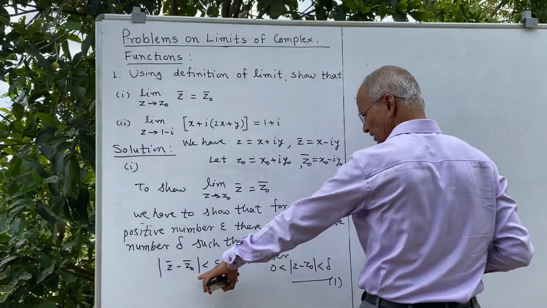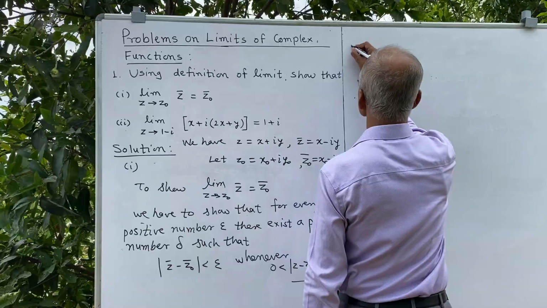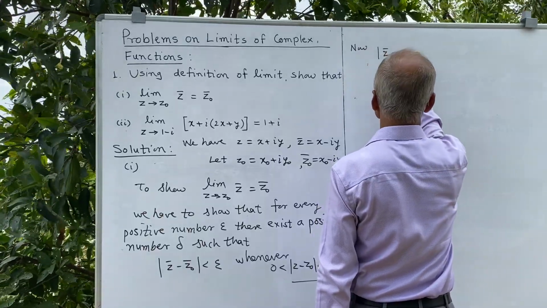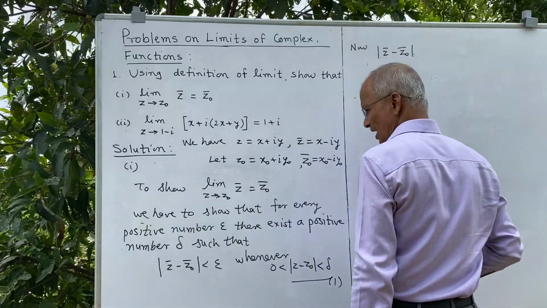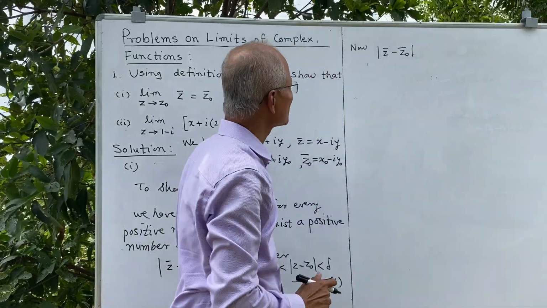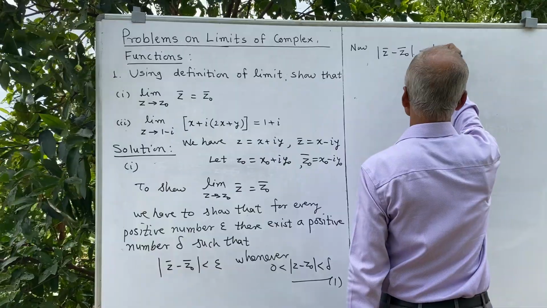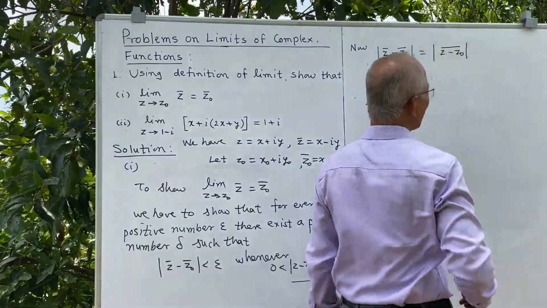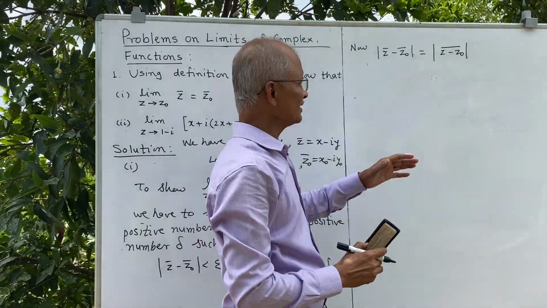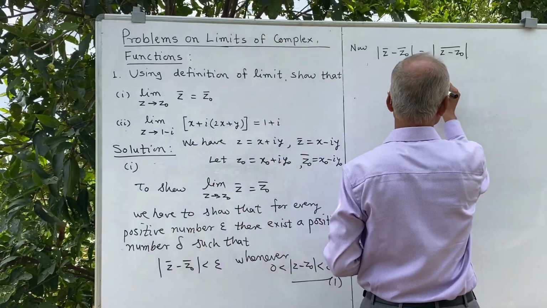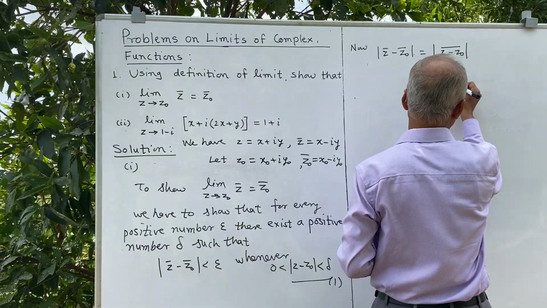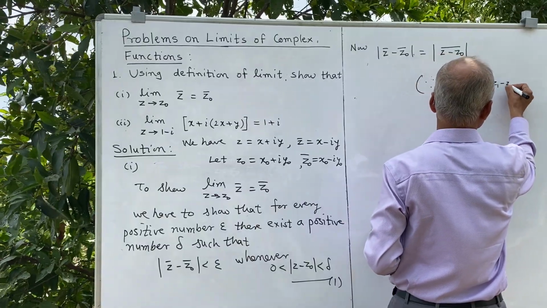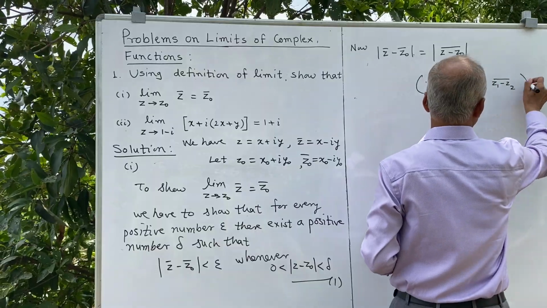Now, we will consider mod z bar minus z naught bar, and this can be written as mod of the conjugate of z minus z naught, because we know this property of the absolute function, that z1 bar minus z2 bar is equal to the conjugate of z1 minus z2, or the reverse way.